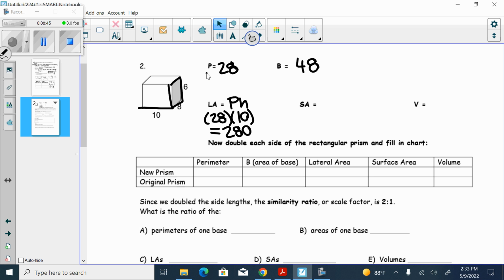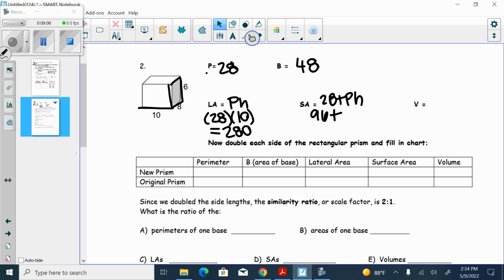Okay. Then they want the surface area. How do you find surface area? Good. And we already said that the area of the base was what? 48. So what would 2 times 48 be? 96.